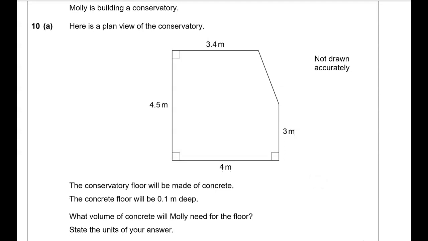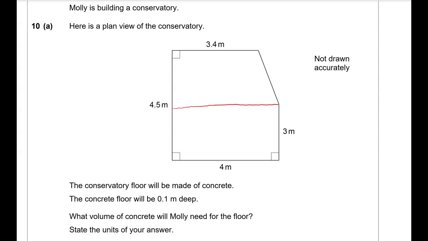So we're going to need to work out volume then. But to work out volume, we need to work out the area first. So let's work out the area of the conservatory first, and it looks like a compound shape. I'm going to split it into different simple shapes, like this one here, for example.